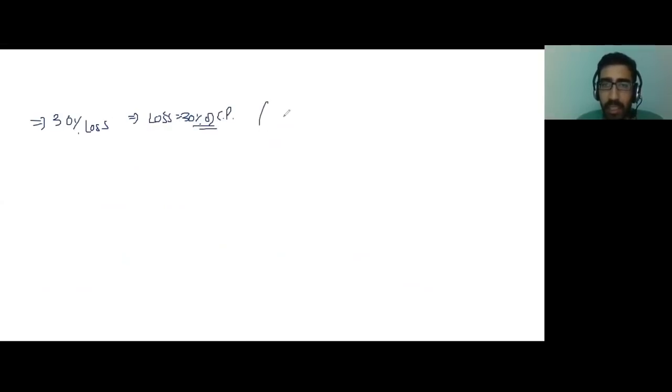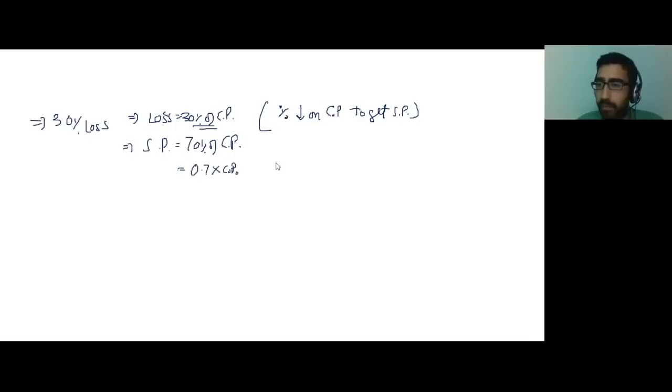Loss is essentially percentage decrease on cost price to get selling price. So this means that selling price is cost price decreased by 30%. It is 70% of cost price. We covered yesterday, this means that selling price is 0.7 times cost price.